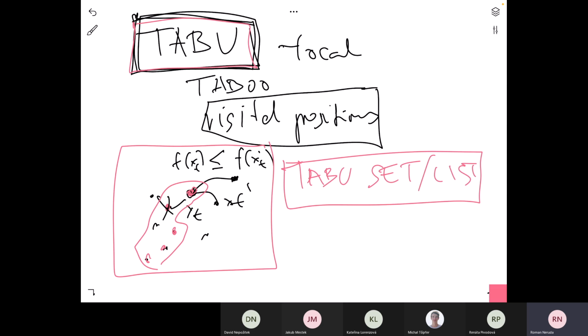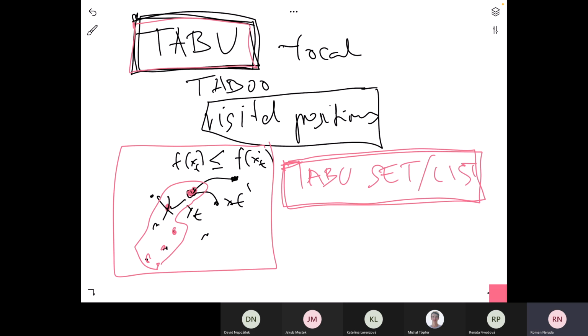And the idea is that local search, where we're doing the mutations, is sort of careful, and we are not using the previously visited positions, right? So we have to remember those.